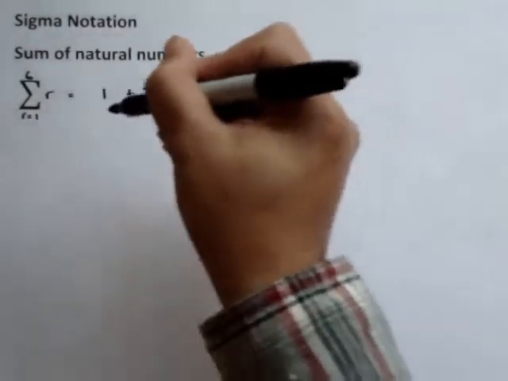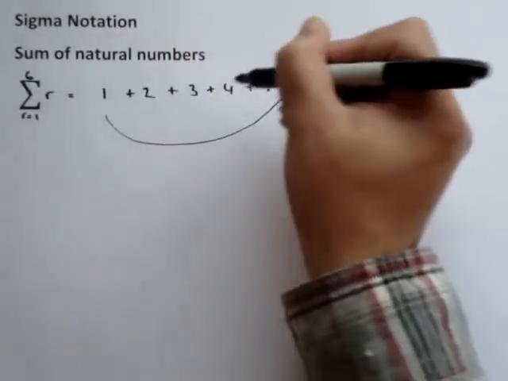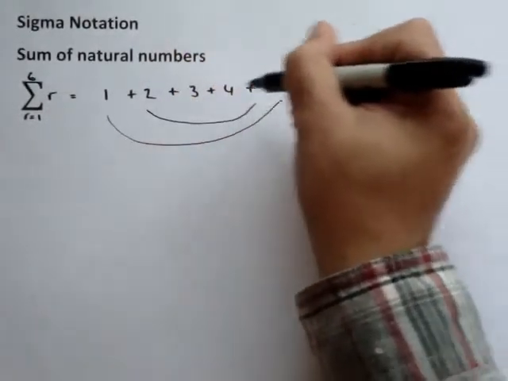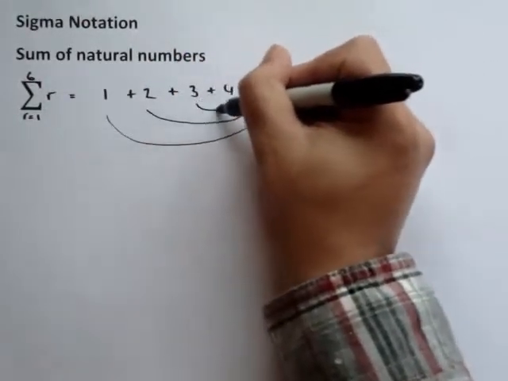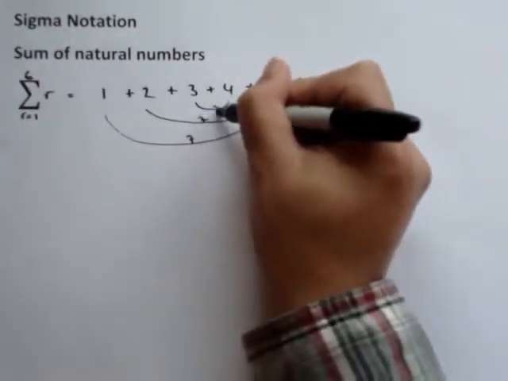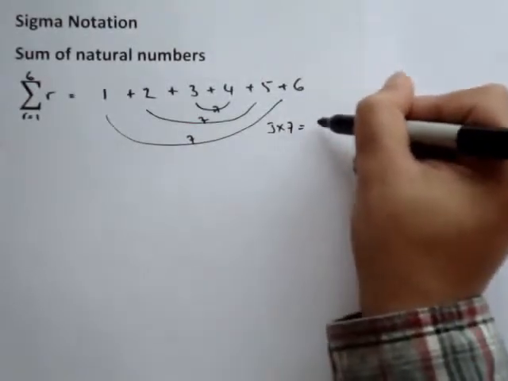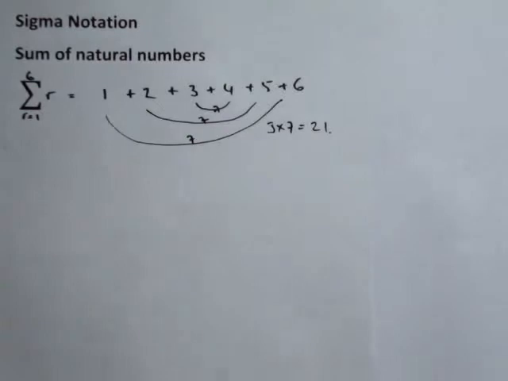How we can do it is we can add the 6 and the 1, the 2 and the 5, the 3 and the 4, and in each case we get a 7. So this would be 3 times 7 equals 21.